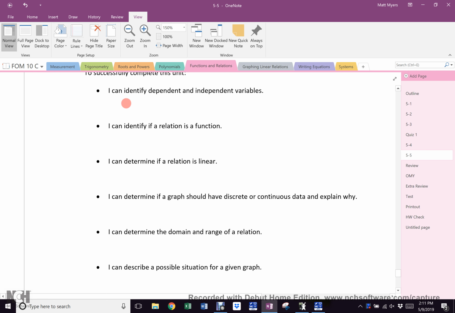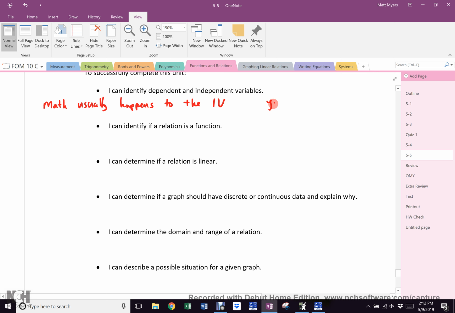Now, are there any ones left for dependent or independent variable? Remember, the math usually happens to the IV.